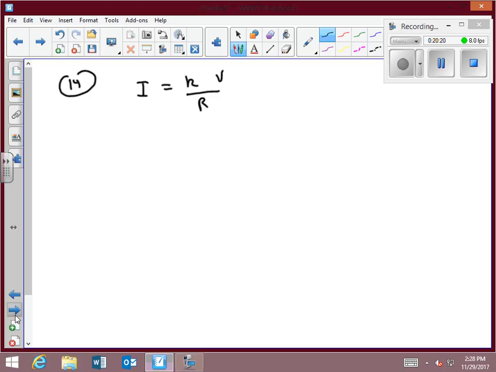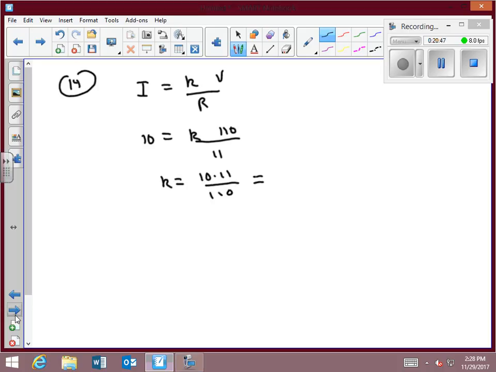If the current is 10 amps, 110 volts, and the resistance is 11, then K equals 10 times 11 over 110.